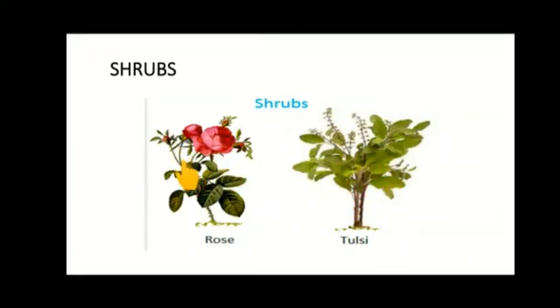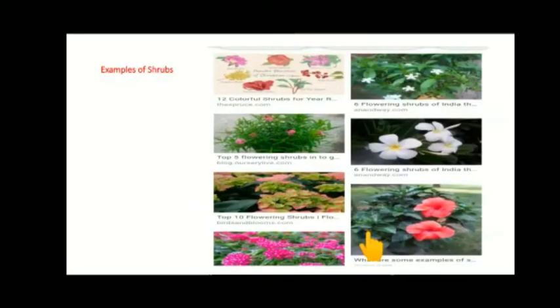Look at some examples of shrubs: rose plant, tulsi plant, hibiscus plant, jasmine plant. Examples of shrubs, look at the picture. Hibiscus plant. Have you ever seen this type of plants?